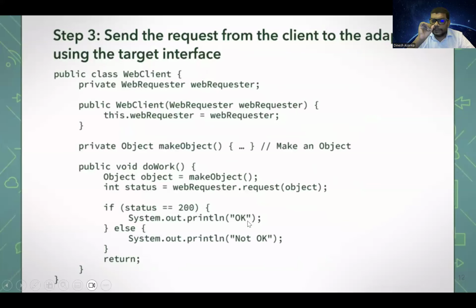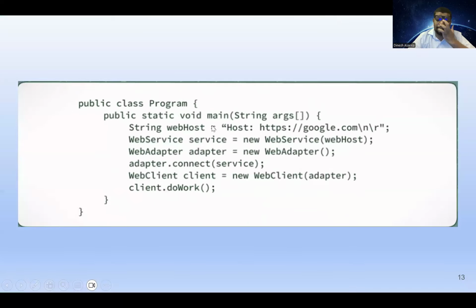Then this is where the client sends the request to the adapter, and this is the final implementation where you call the adapter, and from the adapter you are calling the web service.